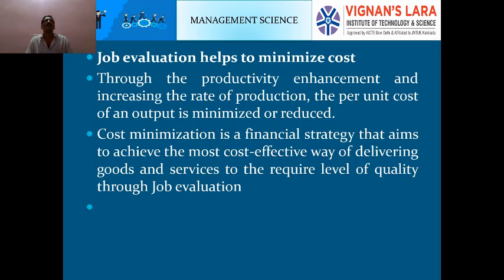Immediately the HR manager can take action through appropriate decisions: inventory control decisions, manpower control decisions, and managerial control decisions. Through productivity enhancement and increasing the rate of production, the per unit cost of an output is minimized or reduced.